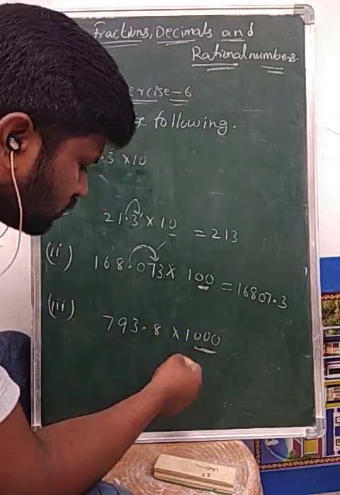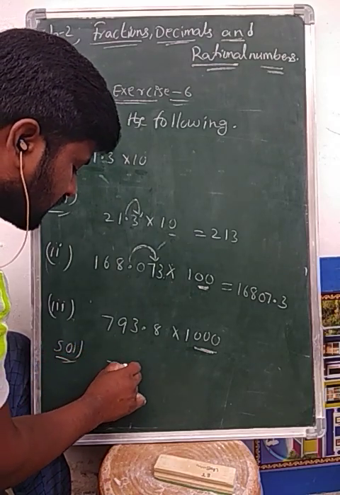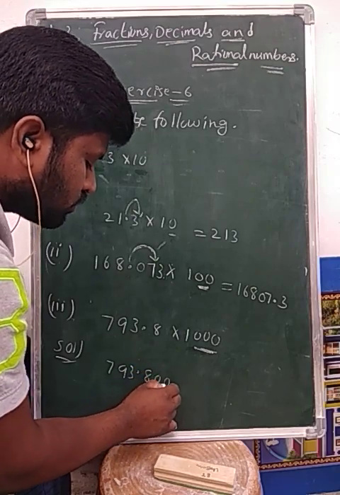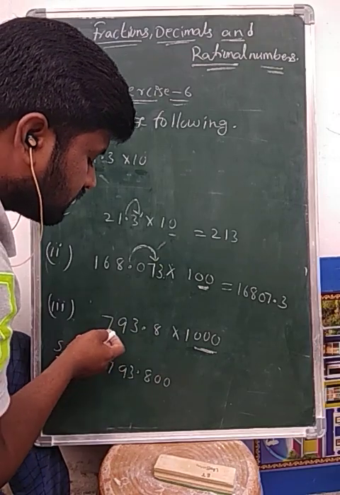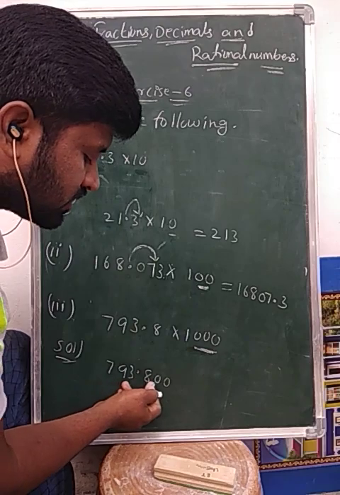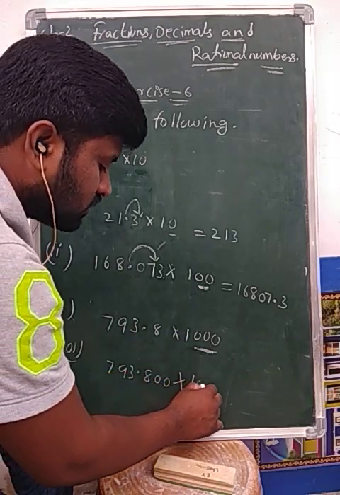So that's why I am writing this as 793.800, putting 2 zeros so that the value is not changed. 793.8 and 793.800 are the same. Okay? Into 1000.